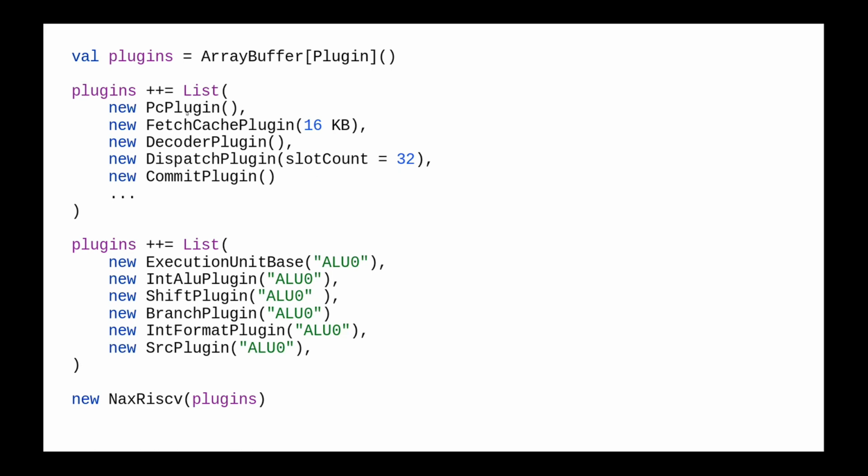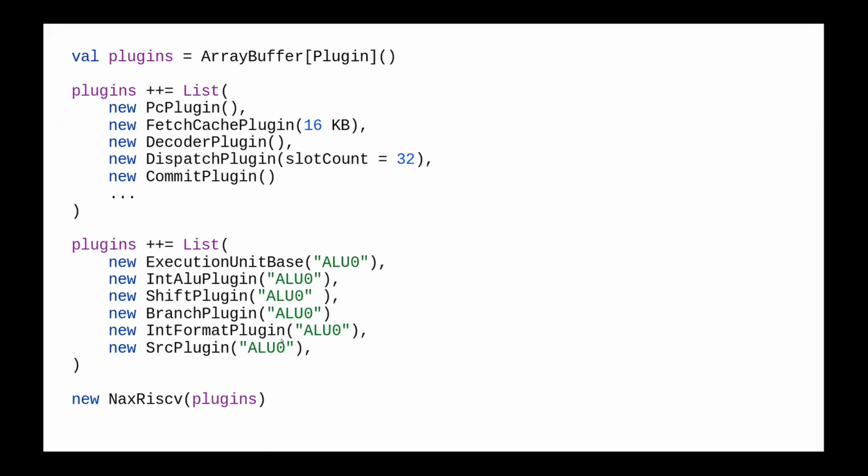And for instance, if you want to add an execution unit, let's name it ALU0, you can come in the list of plugins and say, okay, I want one execution unit base, which is kind of a skeleton of an execution unit. And then you can add other plugins which will compose that execution unit with their behavior, like one plugin to implement the integer ALU, one to manage the shift, one to manage the branch, and so on.